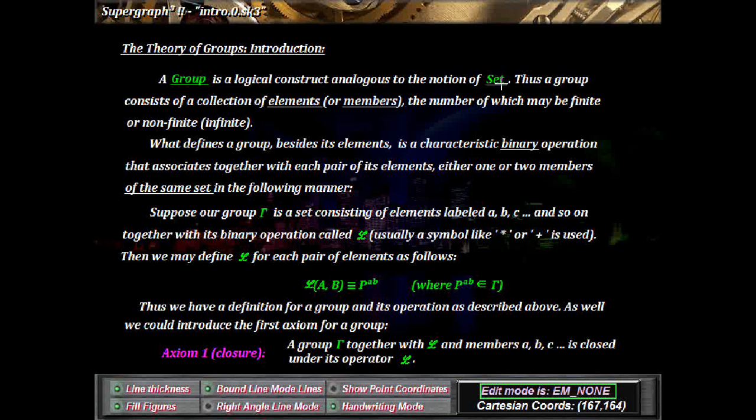A group consists of a collection of elements called members, and the number of which may be finite, you might have 5 or 6 elements, or not finite, you might have infinitely many elements. I think that covers pretty much all possible cases.